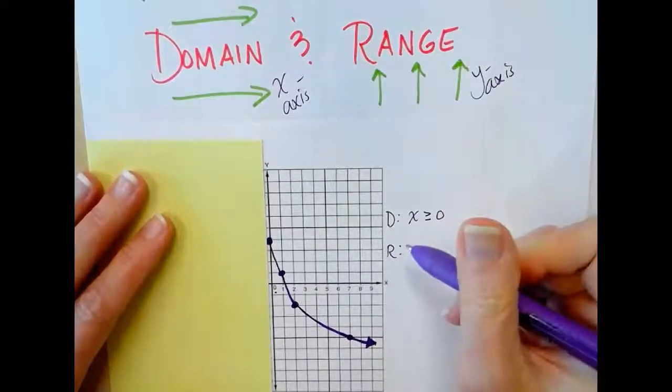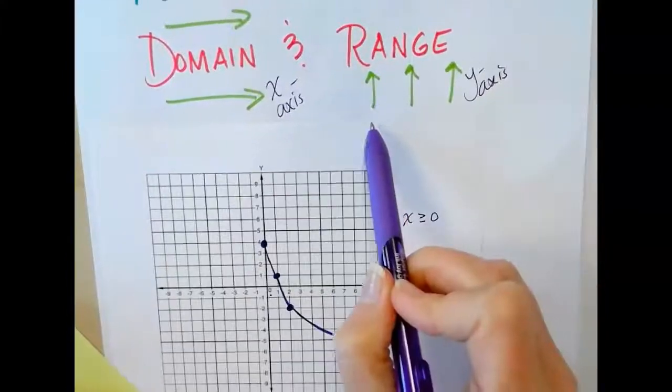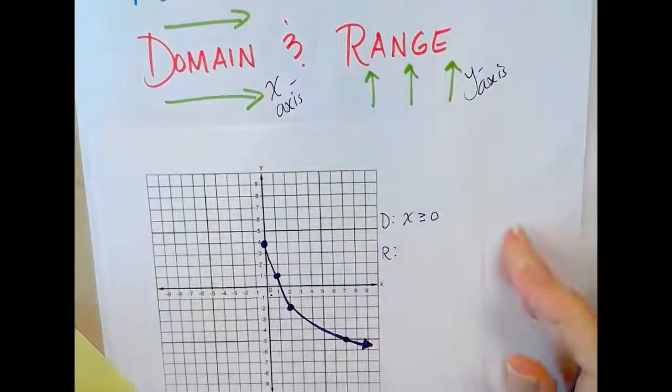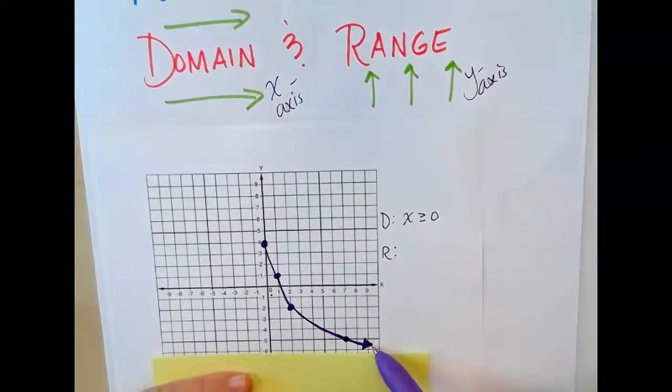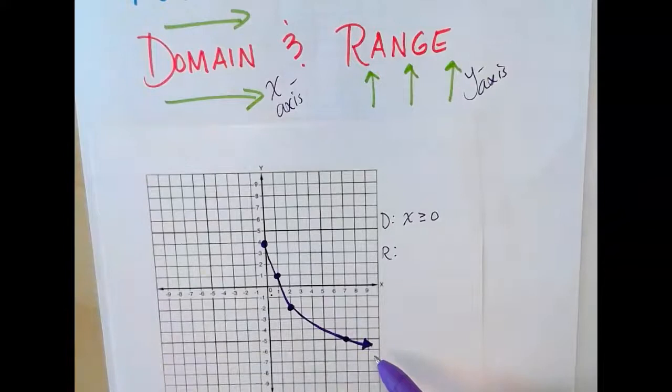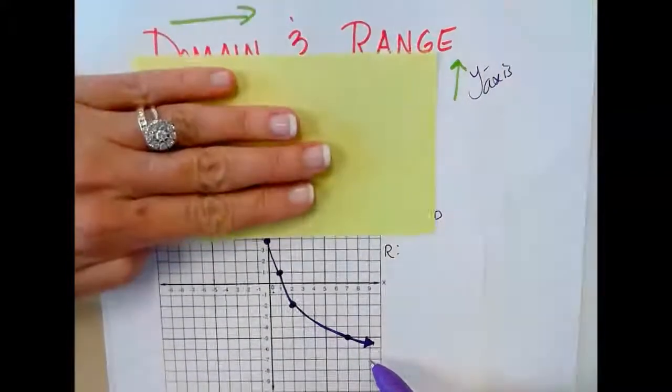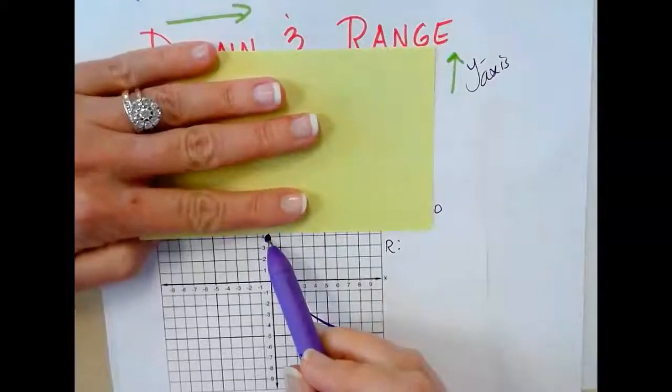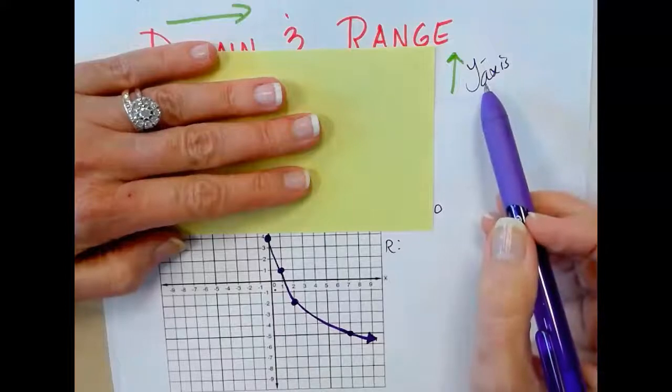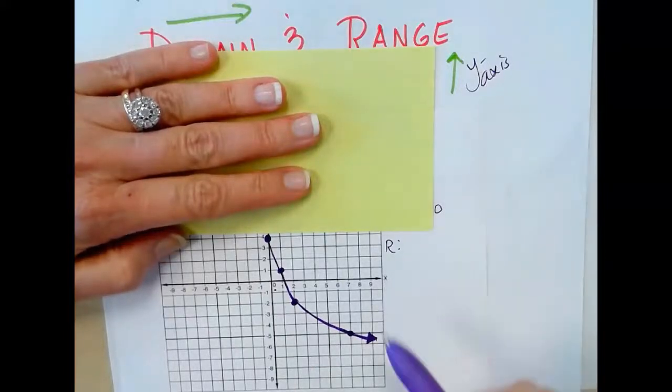Now let's look at the range. The range is read from the bottom to the top, just like the number line. So first of all, does this graph have a bottom? No, because it's got the arrow. But does it have a top? Yes, it does. That solid circle says this is the stopping point. Remember, range is all about the y-axis. So what is our range?